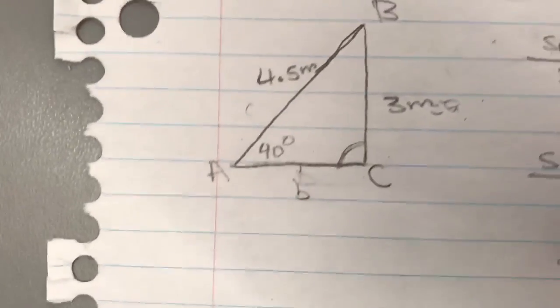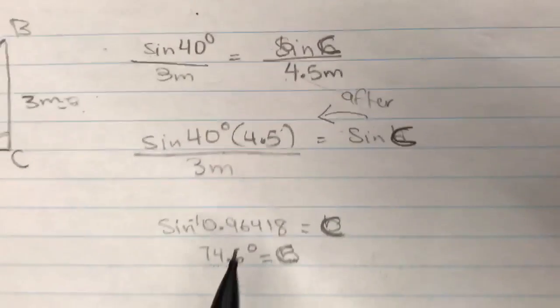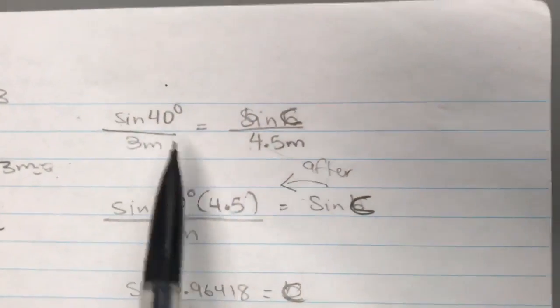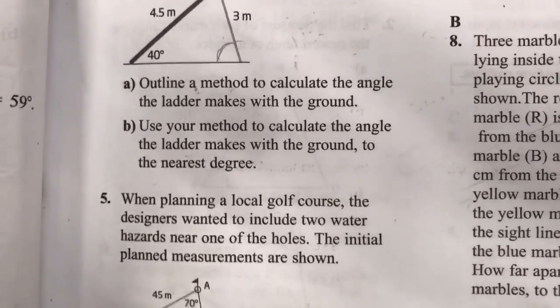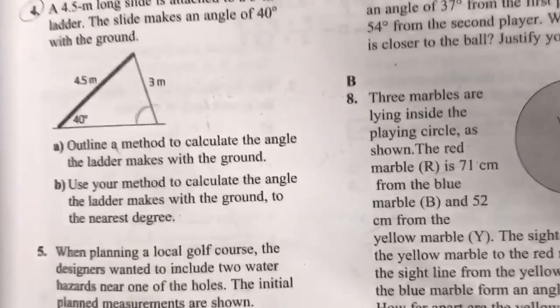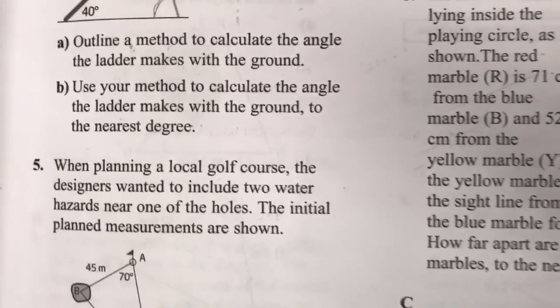As you can see here, we have our method, we have our triangle labeled, and we have our way to do it. The second part of the question is to use your method to calculate the angle that the ladder makes with the ground to the nearest degree.